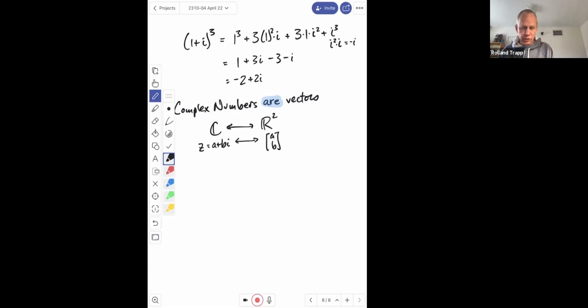Okay, and we can talk about complex addition. In this correspondence, note that complex addition corresponds to vector addition.